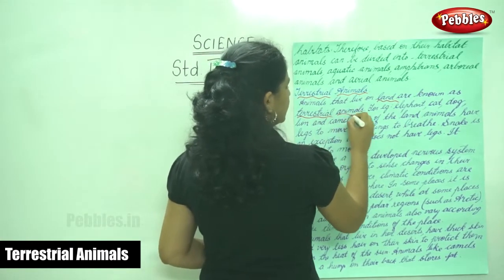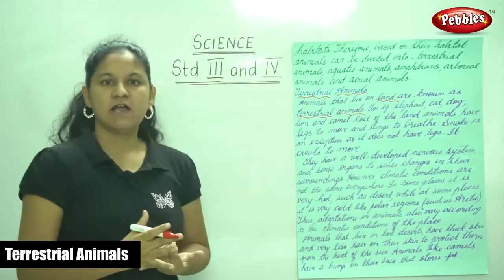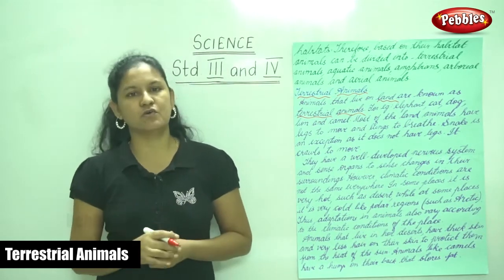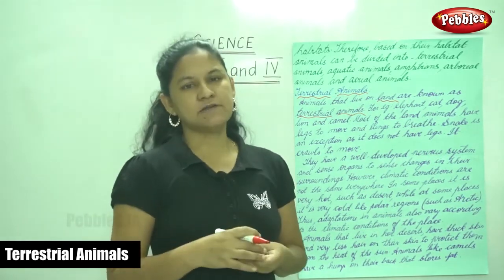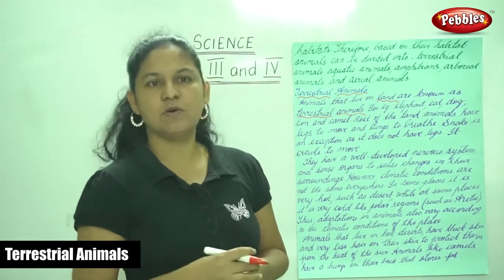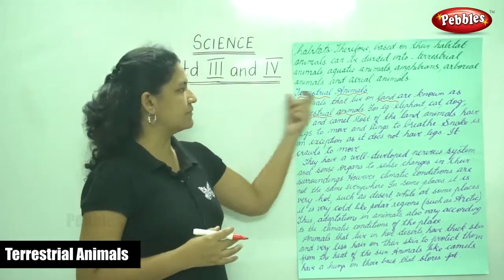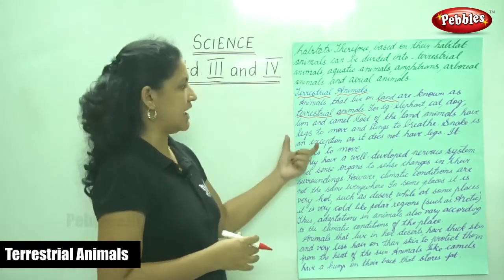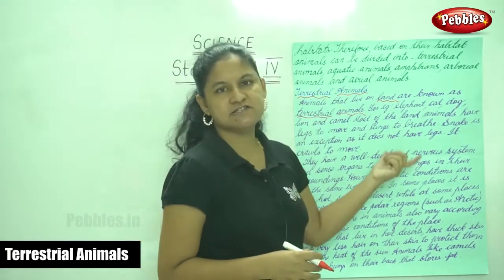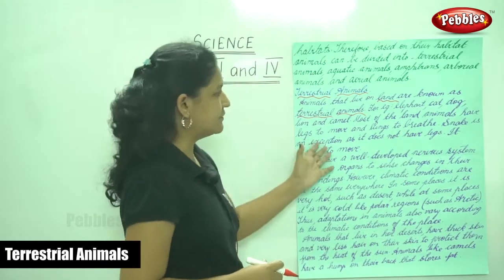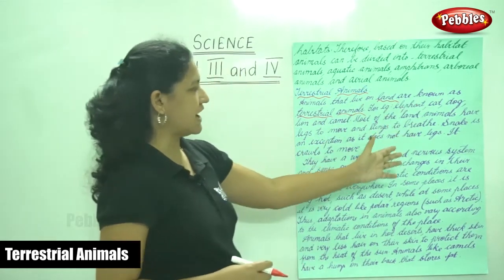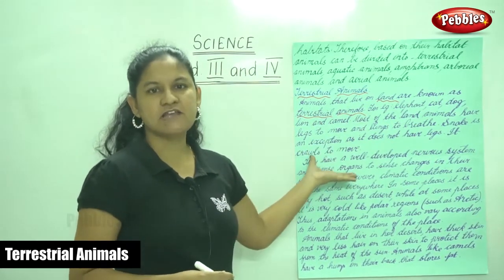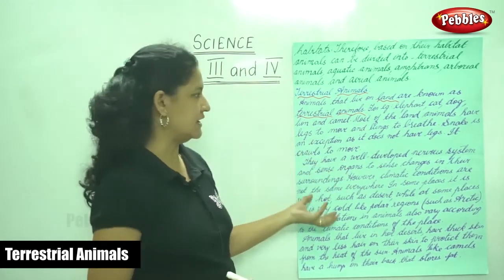So there are animals that live on land, animals that live in water, animals that live in the cold regions, and animals that live on trees, that is your birds. We are going to see about the terrestrial animals. For example, your elephant, cat, dog, lion and camel. These are all animals that live on land.